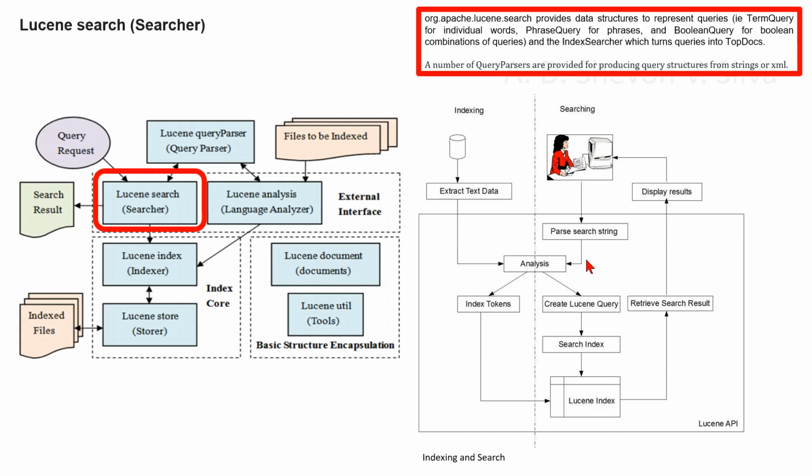Lucene searching and retrieval. Searching is the process of finding matching documents for the input. The input text is processed through a chain of analyzers to generate a set of terms to be queried.